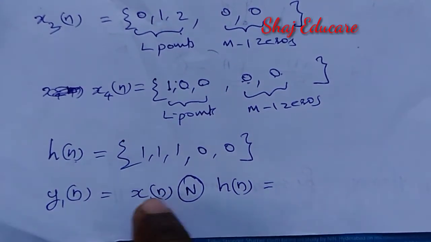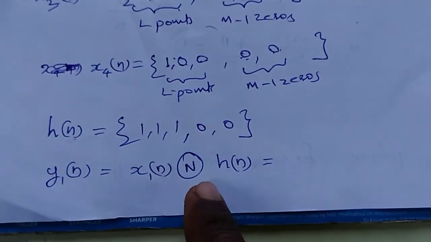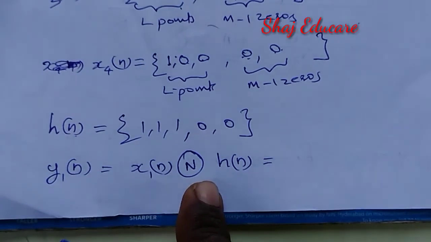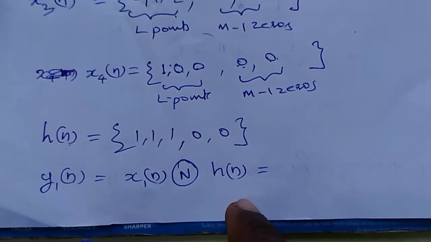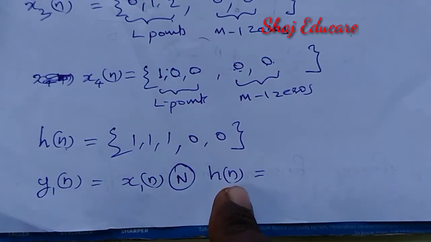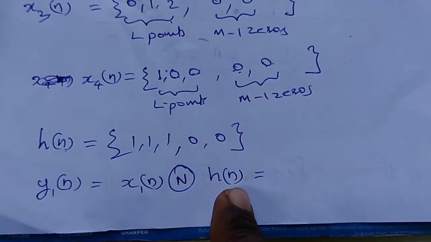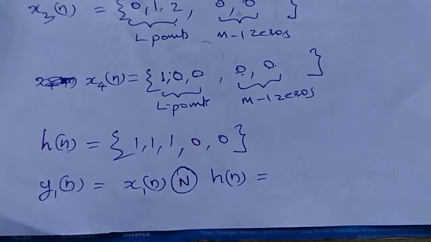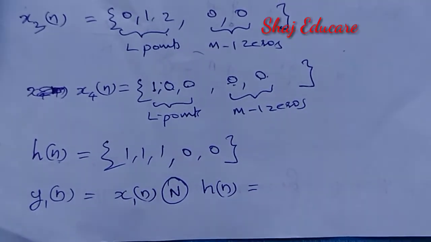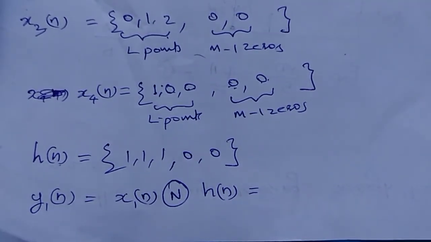The steps to find the circular convolution are not going to be explained here. For that purpose, just refer to my previous videos. I will give you the corresponding link in the description box.